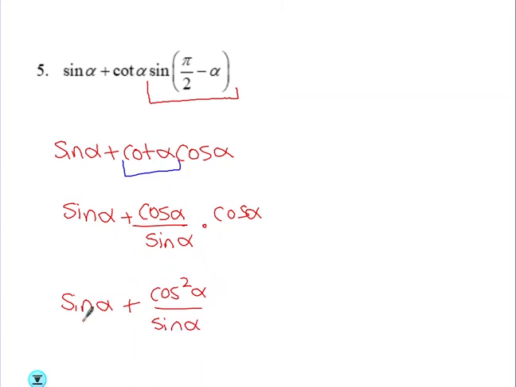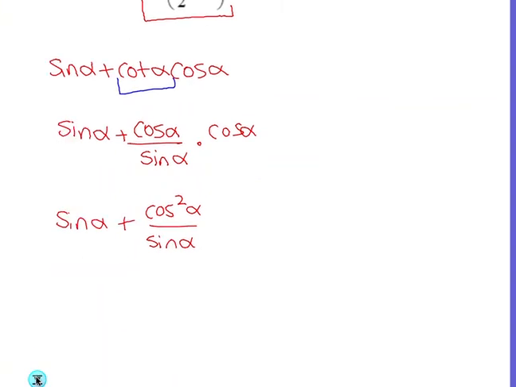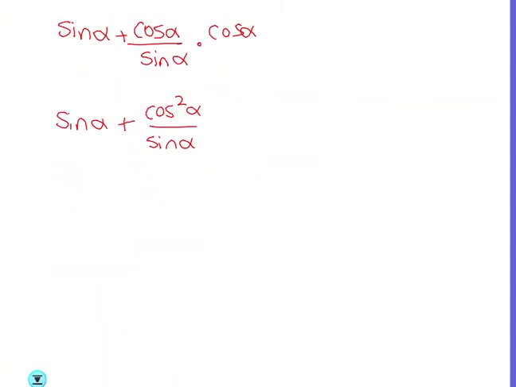So I'm going to start by combining the fractions. So that means I need to get a common denominator. So I need to multiply this first fraction by sine of alpha over sine of alpha.